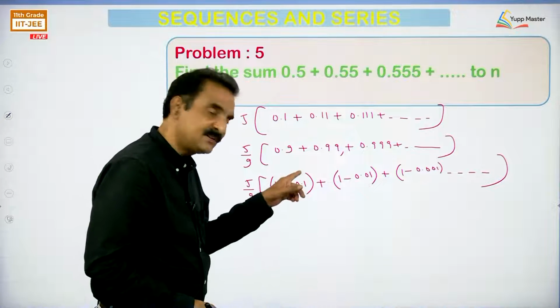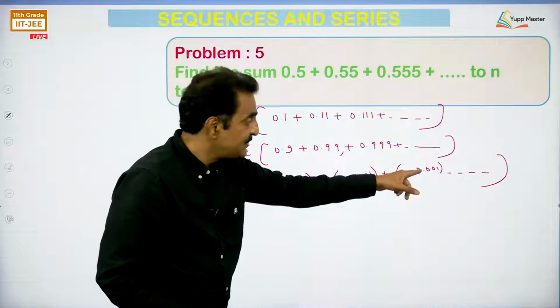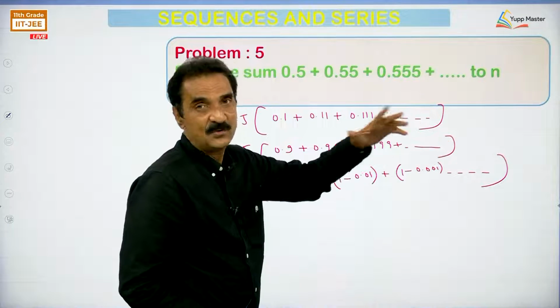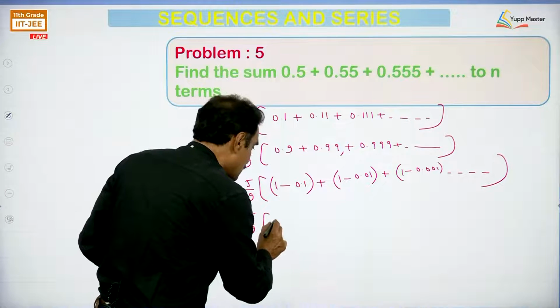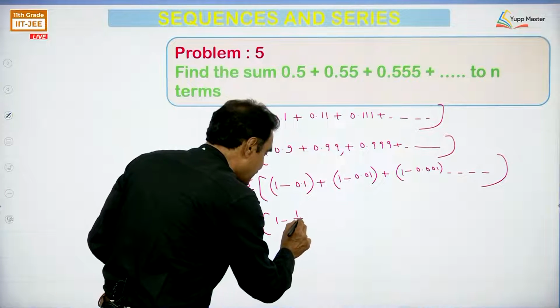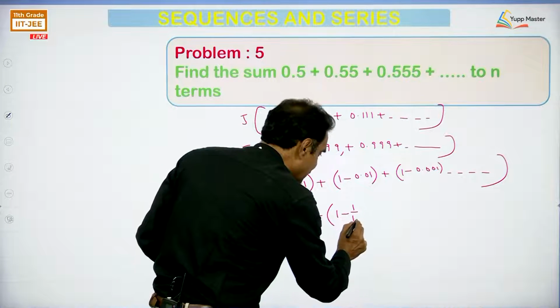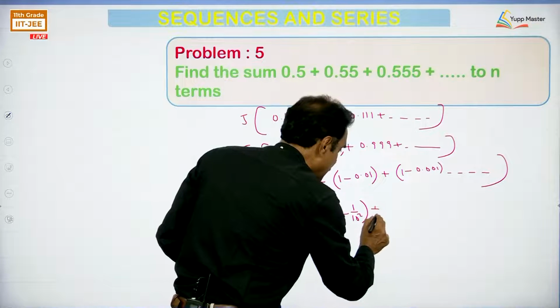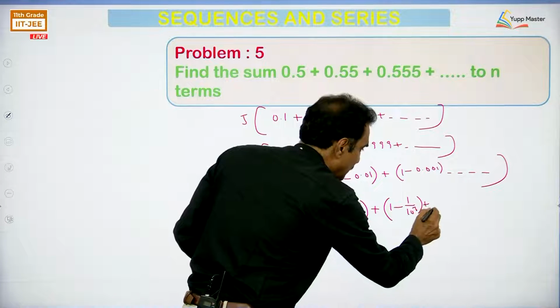Now 0.1 is nothing but 1 by 10, 0.01 is 1 by 10 whole square, 0.001 is 1 by 10 whole cube and so on. Then 5 by 9 into 1 minus 1 by 10 plus 1 minus 1 by 10 square plus 1 minus 1 by 10 cube and so on.